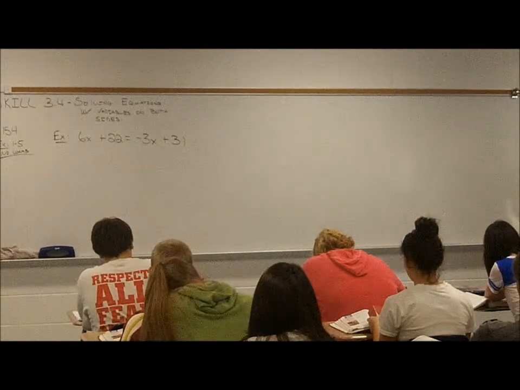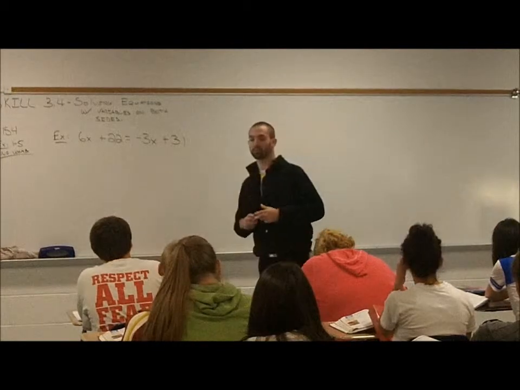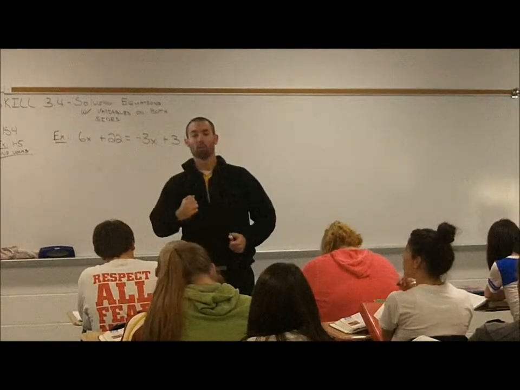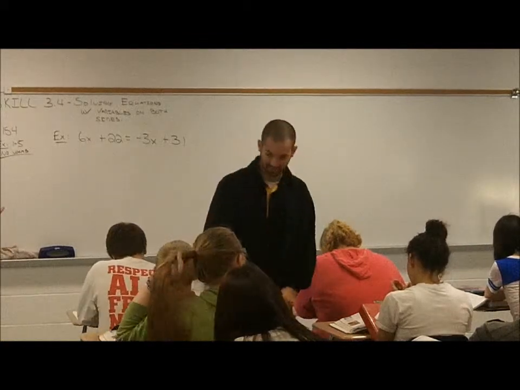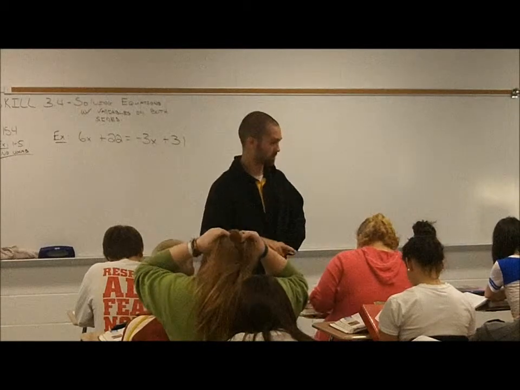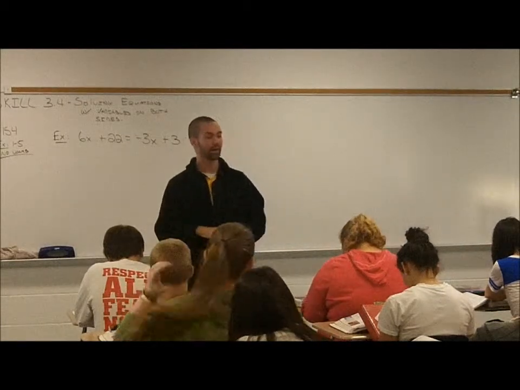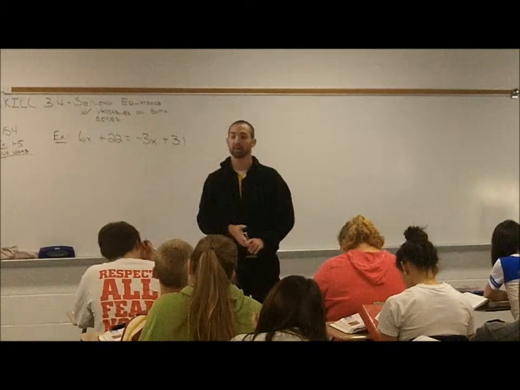Now again, big picture-wise, what is our goal? What is our objective? We're on a mission to do what? Christian's saying solve for x, which means get x by itself.